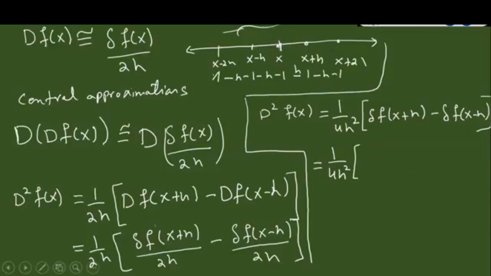You know that it is the center of these two values, so you need to compute the difference of this quantity. But I am not applying a center at f of x, I am applying at this node. So if I apply a central difference here, I have to look at what are the nodes at which this node is the centered middle. I can see here this node is x plus 2h, and x is a node that is the middle of this value.